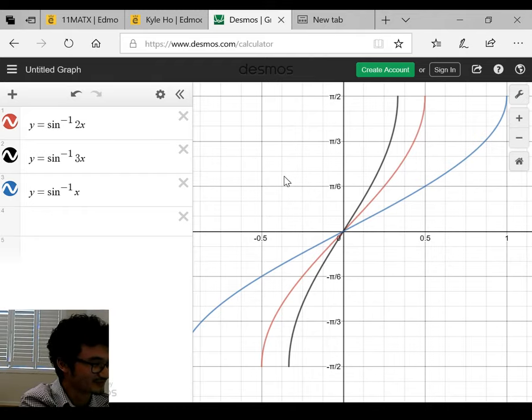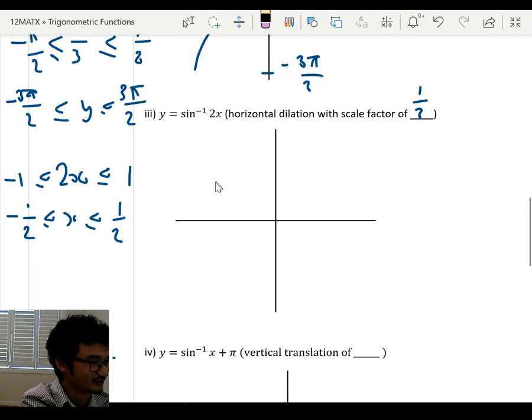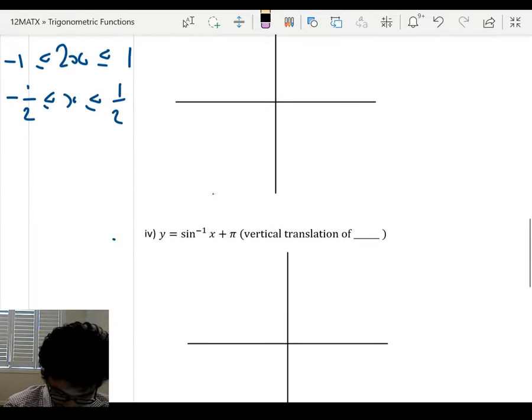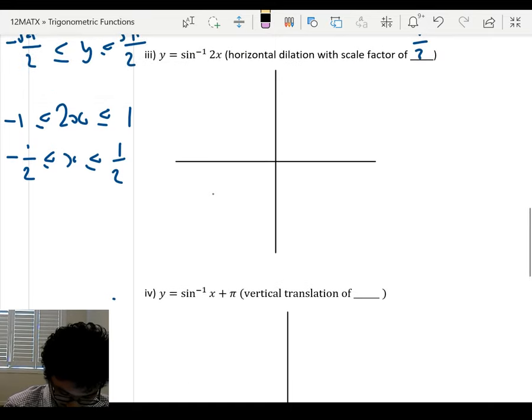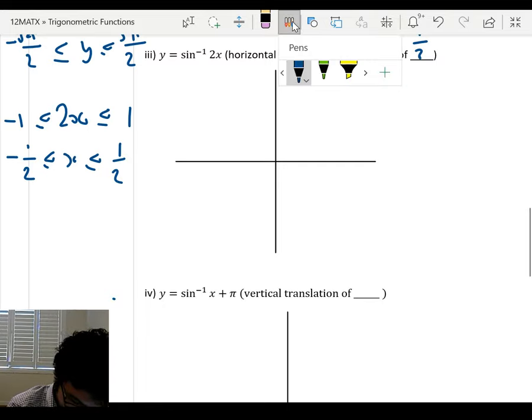Cool. Oh, good. Let's get back to the document. And we can construct that one too. So this guy, we know that it's a scale factor of half, right? So just drawing this one out, then you go back to pen mode.